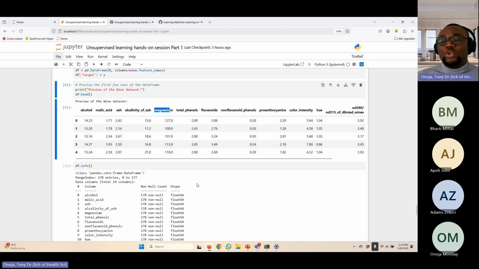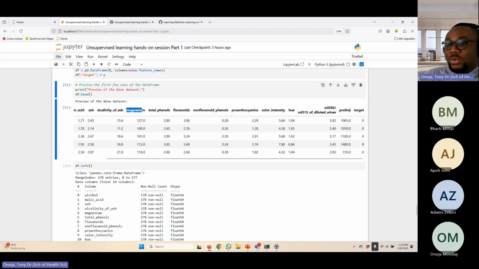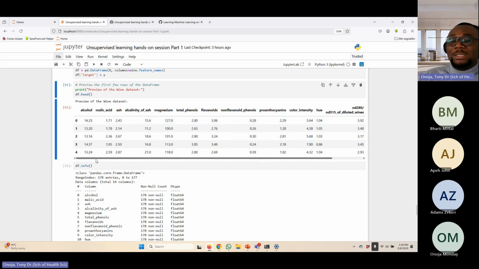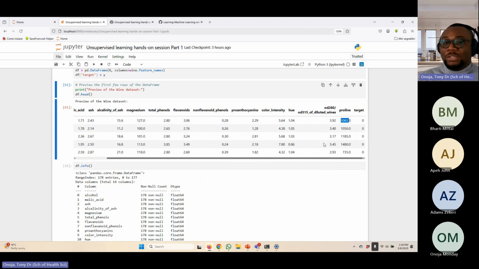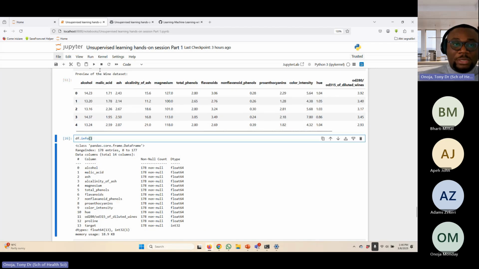You could also see the proline, which is around 1065. If you don't standardize the data set, these large values will take over, and we won't see the small ones showing up. That's why we emphasize that you standardize your data set or transform it so they will all have an equal playing ground, to be able to spot their contributions. So make sure you do that before you proceed.